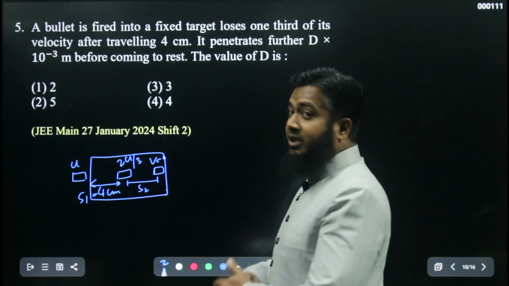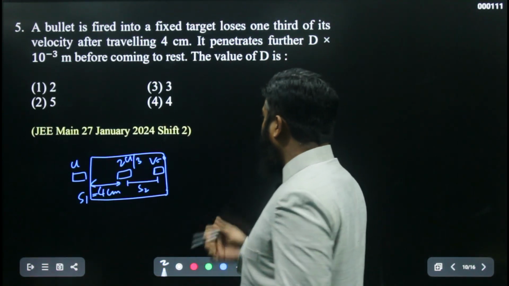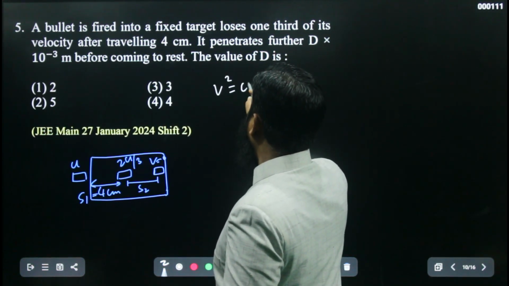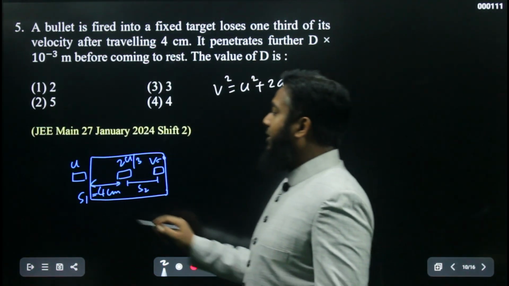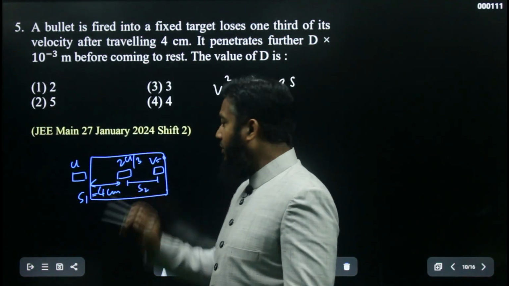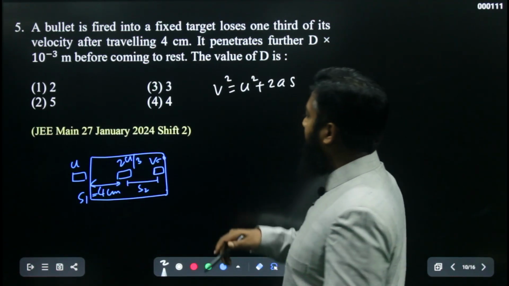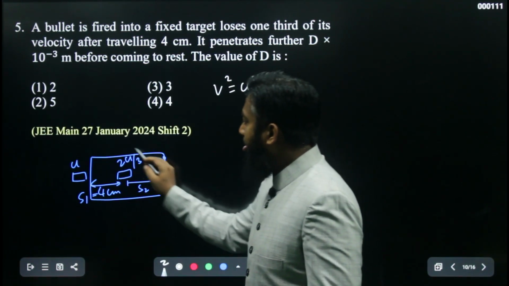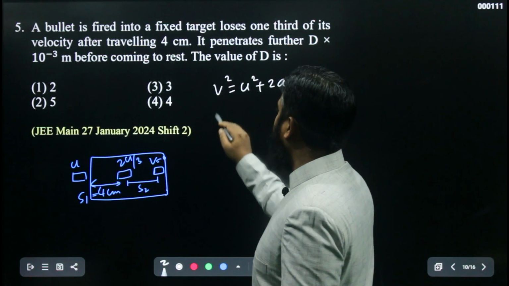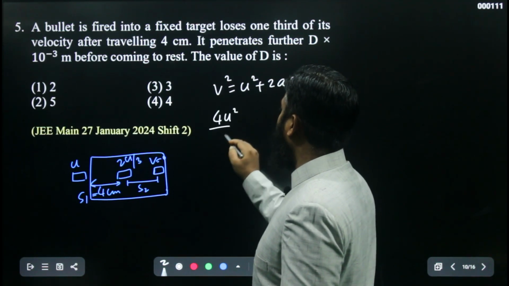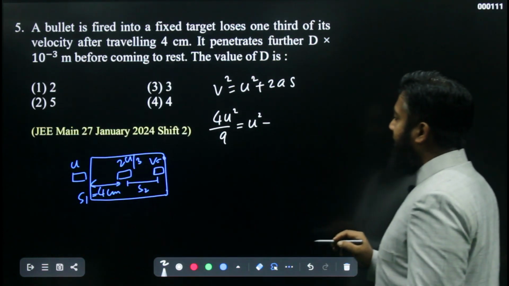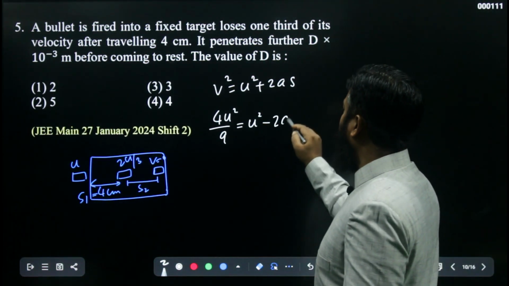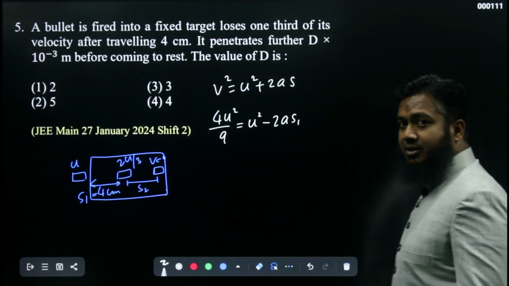Now, how to solve this problem? We can use the third equation, which is v² = u² + 2as. For the first case, when it loses 1/3 of its velocity, let's write the equation. Final velocity is 2u/3, that would be 4u²/9. Initial velocity is u², and in the case of retardation, minus 2a, and distance traveled is s1.